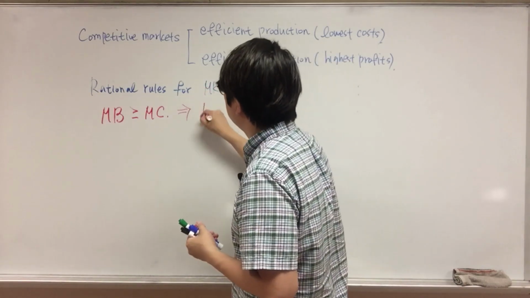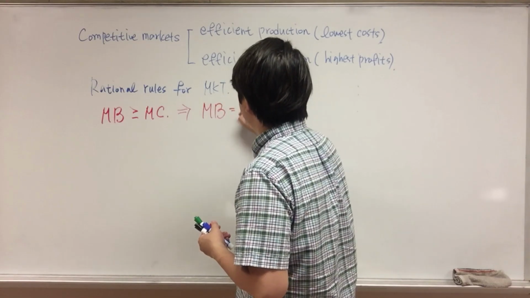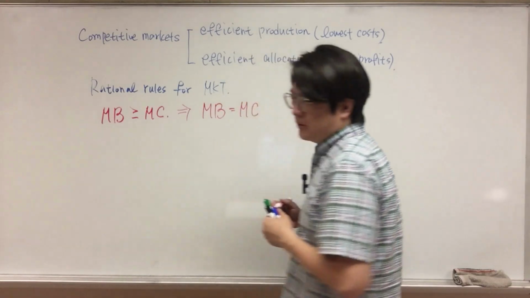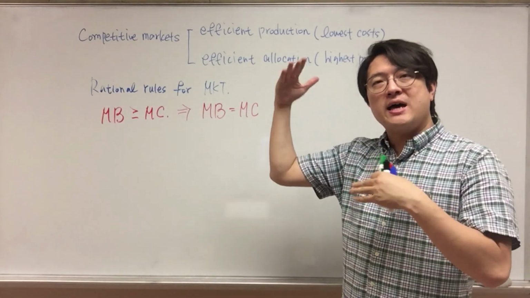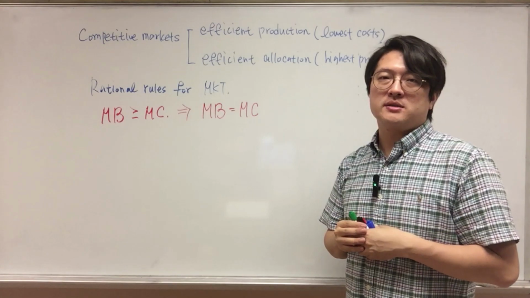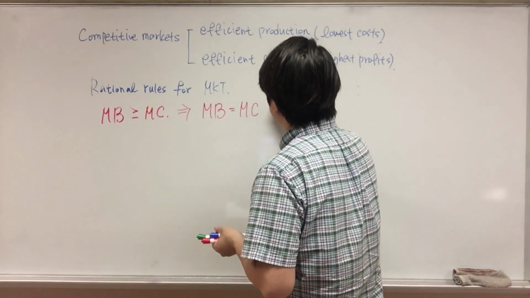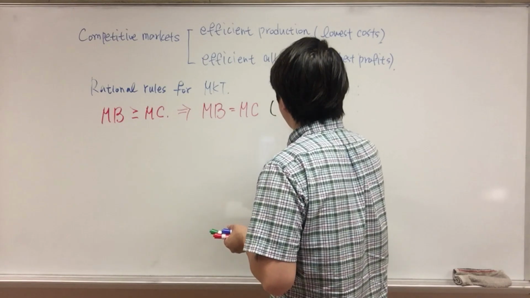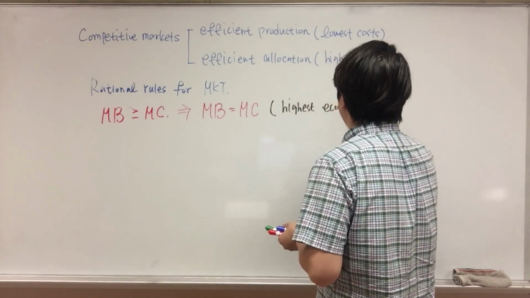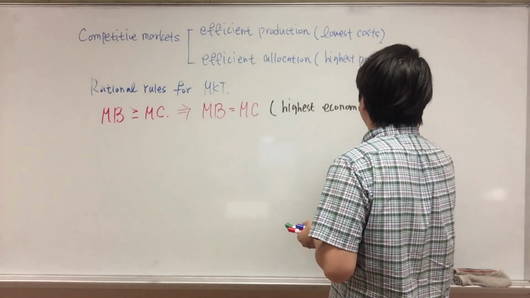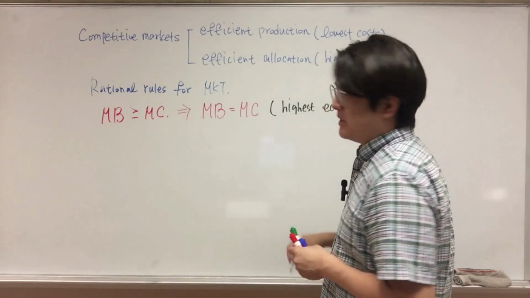So if the marginal benefit is equal to marginal cost, that is the point where we can get the highest economic surplus, with maximizing quantity.